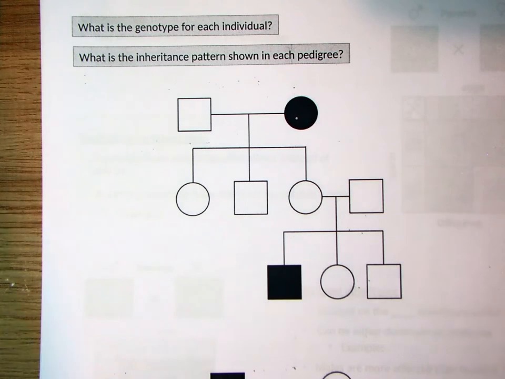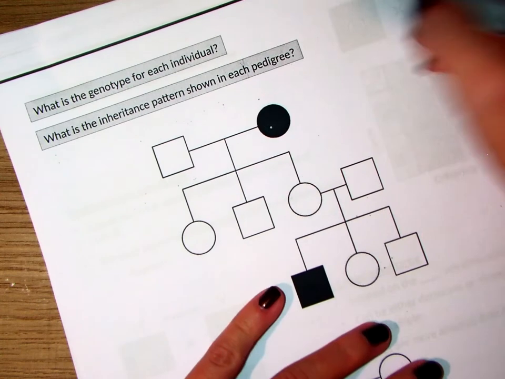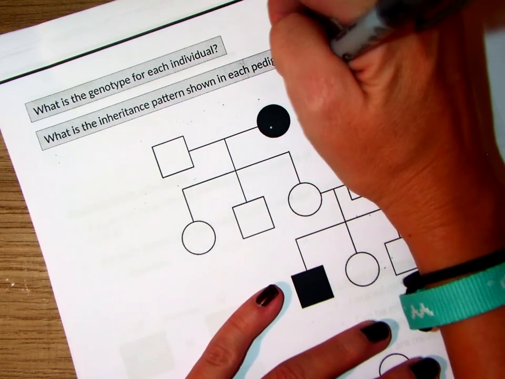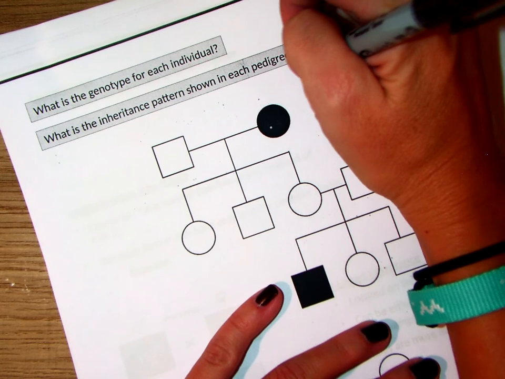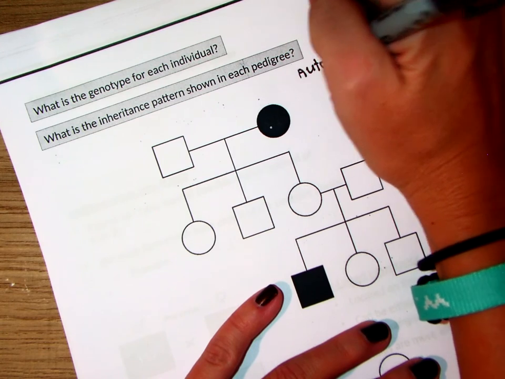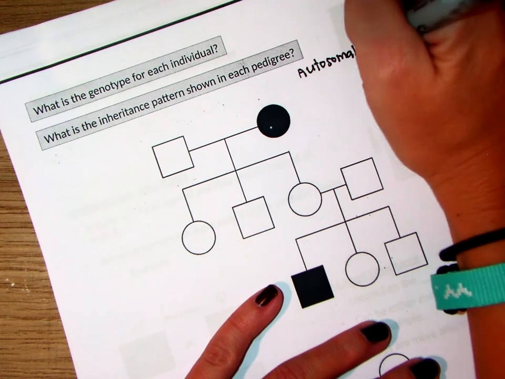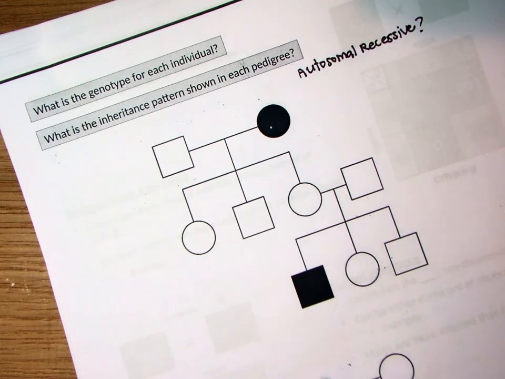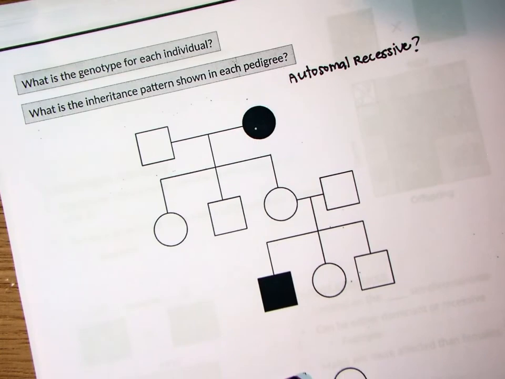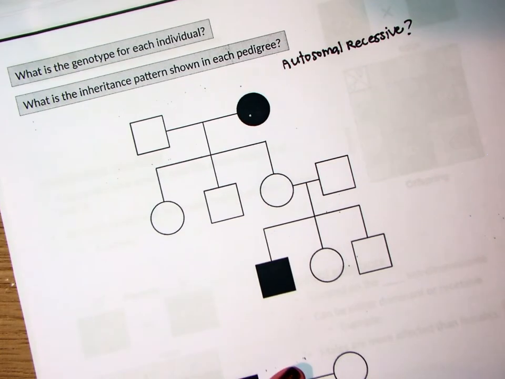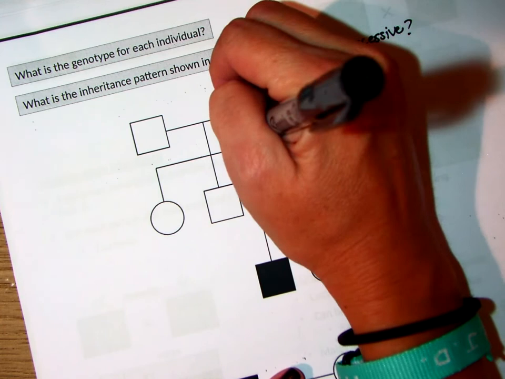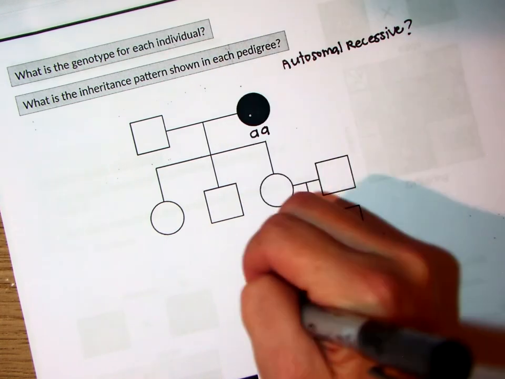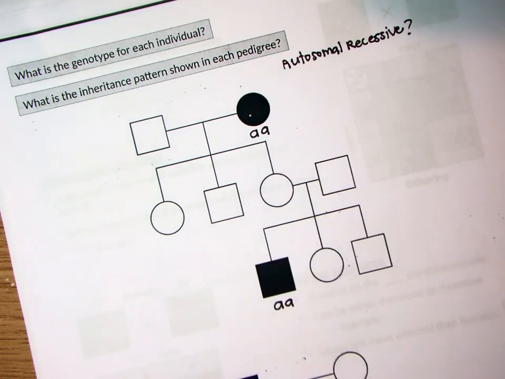So let's just assume here that this is autosomal recessive, just based on those hints. So we're going to test it out. So what that means is that any individual that is shaded in has to be little a, little a, because they have to have both recessive alleles in order to be affected.